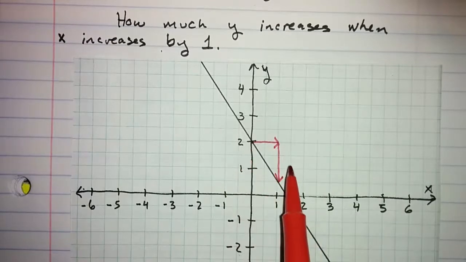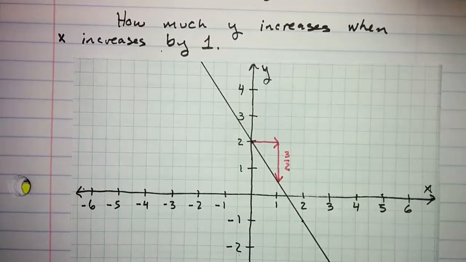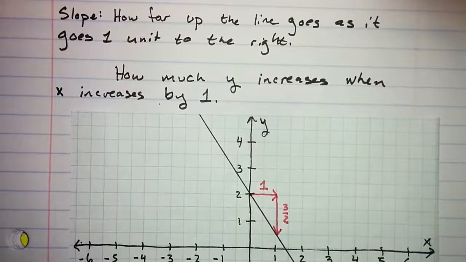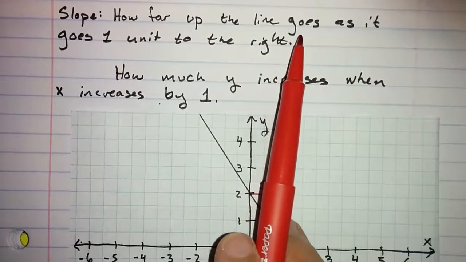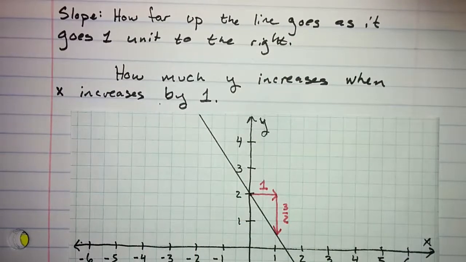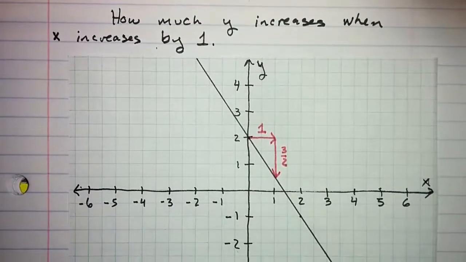It's splitting the unit in half. We have to go down by 3 halves. Look, both of these definitions say how much the line goes up, how much y increases. Here, y decreases by 3 halves every time x increases by 1.